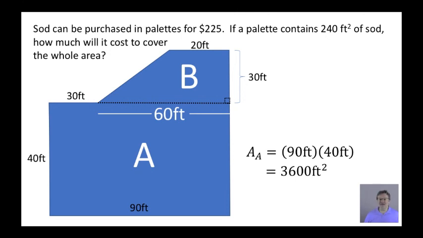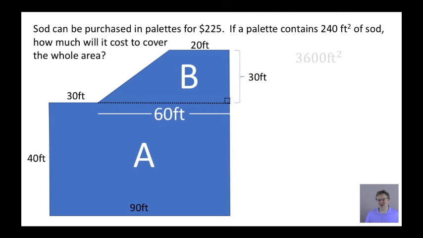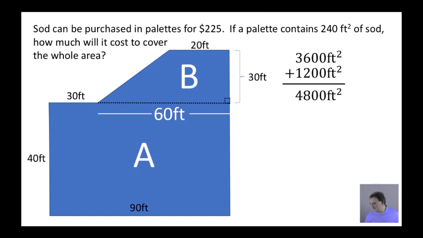So we now have all of the measurements needed in order to calculate the area of this trapezoid here: 20 feet plus 60 feet divided by 2 times the height of 30 feet. So that gives us an answer of 1,200 square feet, for a total of 4,800 square feet.